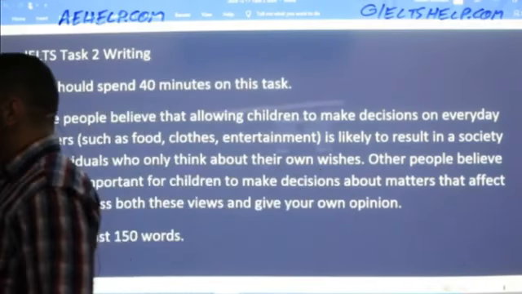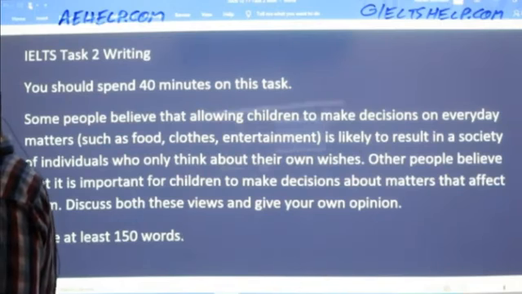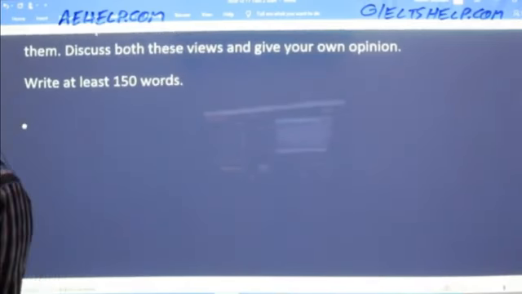All right. Keep that in mind, everyone, that when IELTS chooses their Task 2 question, they're always choosing a question that's a common experience, okay?